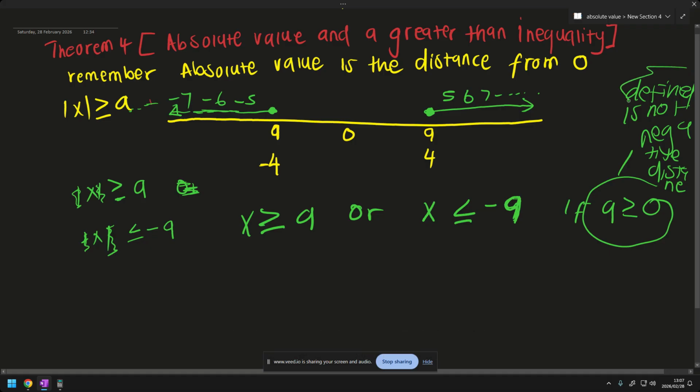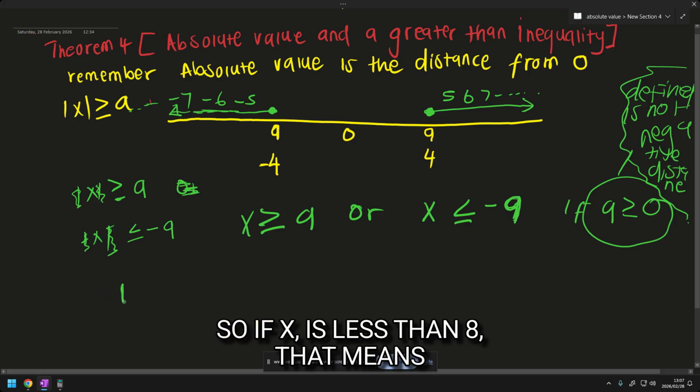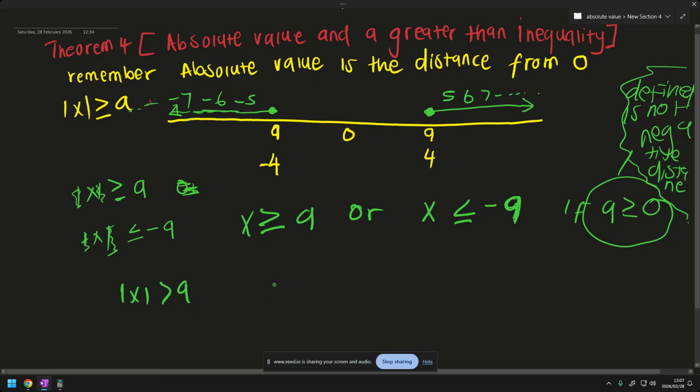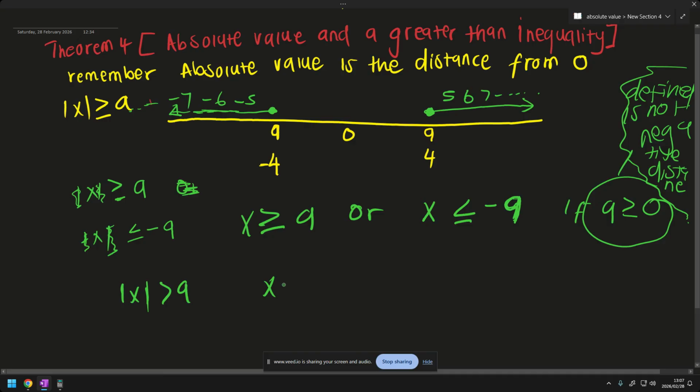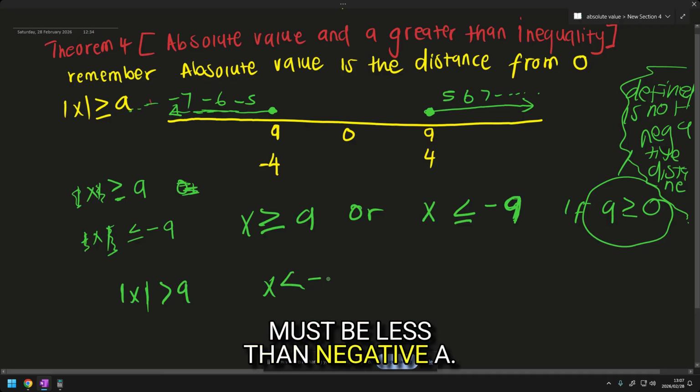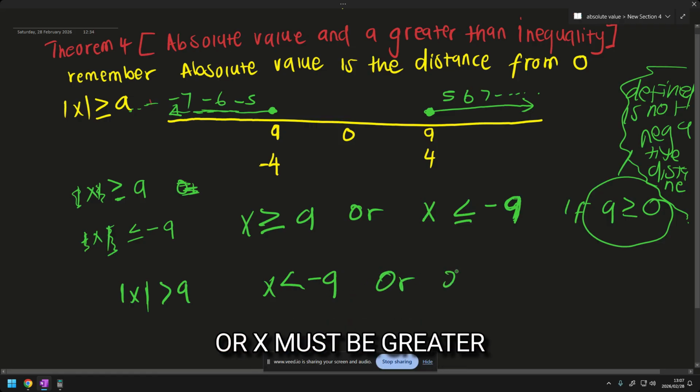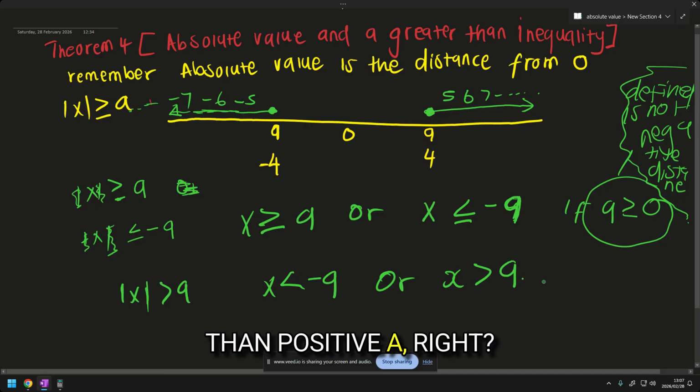So we don't have a what? A negative distance, right? So if the absolute value of x is greater than a, that means x must be less than negative a, or x must be greater than positive a, right?